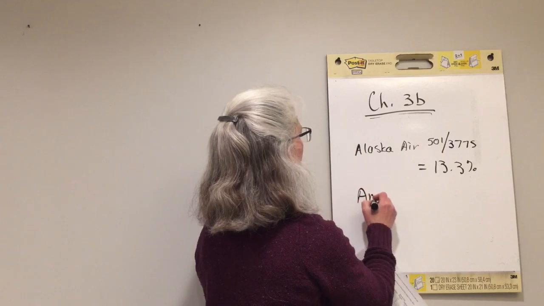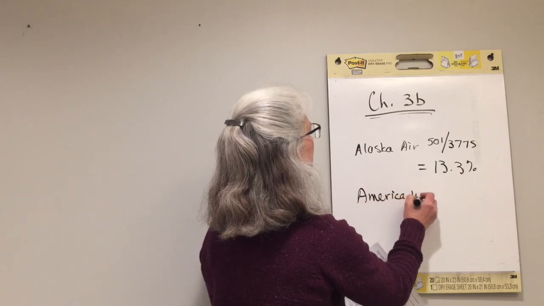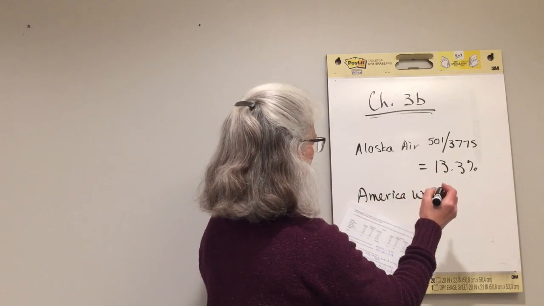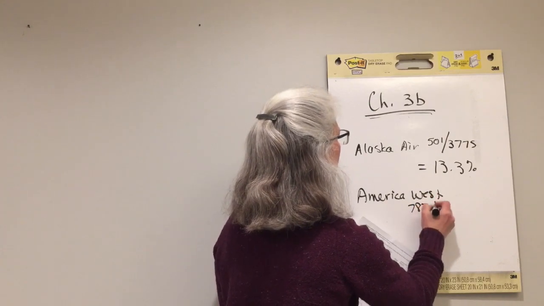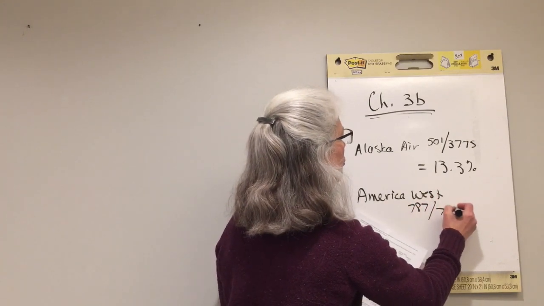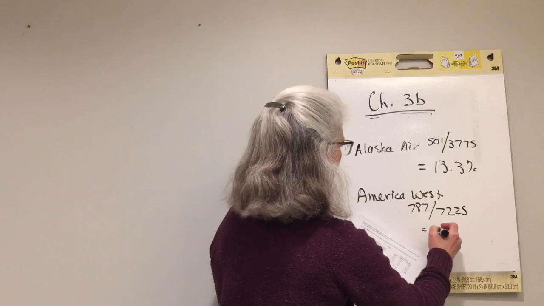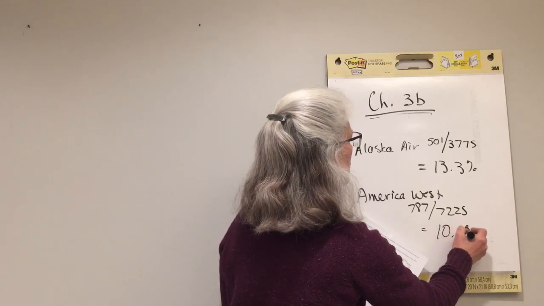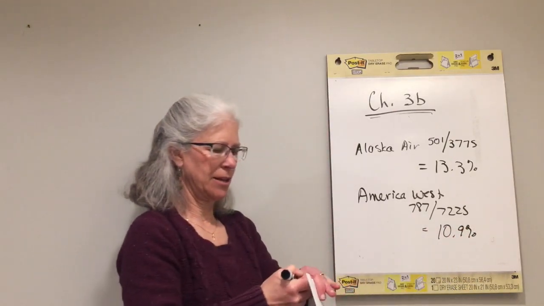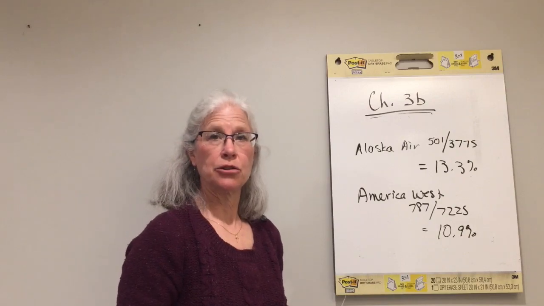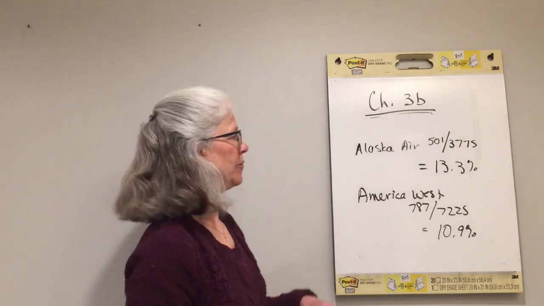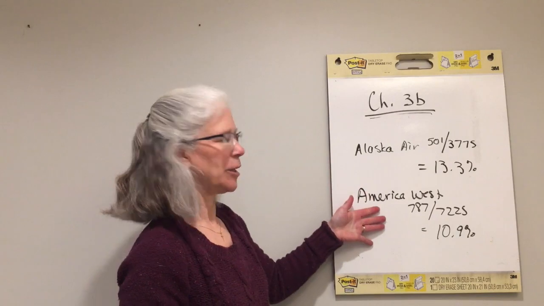And the other airline we're comparing it to is America West. America West had 787 delayed flights out of 7,225 flights. 10.9% delayed. So the question is, which airline should you fly, all other things being equal? Well, clearly America West, right?